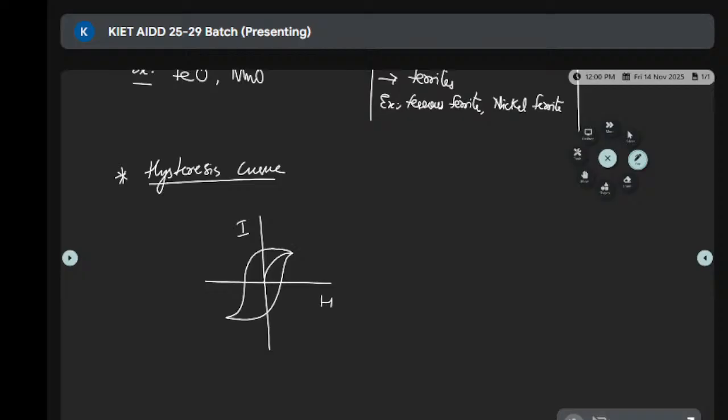This is called the hysteresis curve. Hysteresis is a closed picture, taking H on the x axis and I on the y axis.